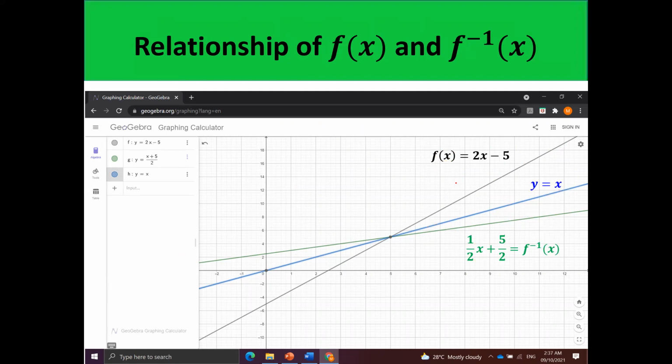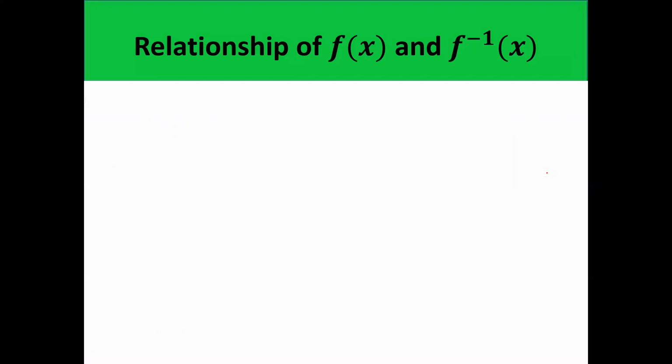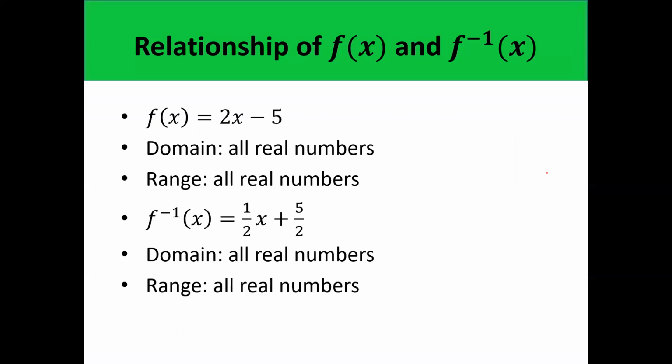As you can see, the gray graph and the green graph are just reflections of each other along the line y equals x. And then if we get the domain and range of f, the domain of the function f is the range of f inverse, and the range of f is the domain of f inverse.